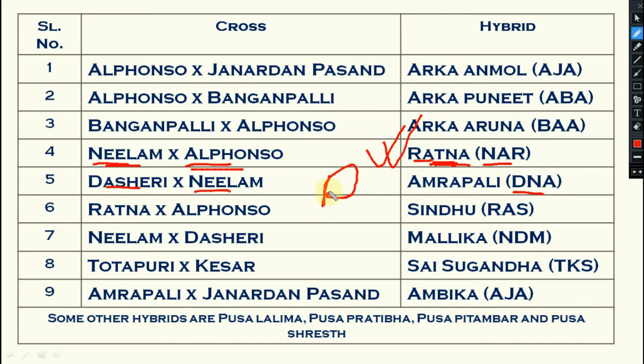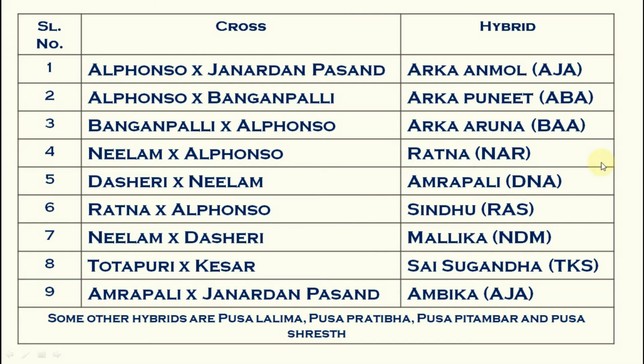Please remember, dwarf variety of mango, suitable for high density planting, that means 2.5 by 2.5 meters, you can plant one plant. Good for kitchen garden also. Developed from IARI New Delhi. They have developed this particular variety. Amrapali DNA. Dasheri, Neelam, Amrapali. Like that you try to remember.